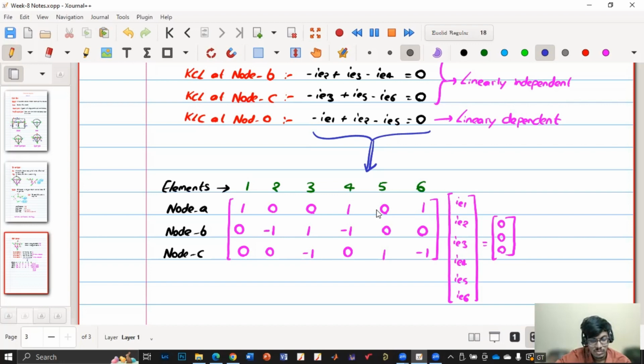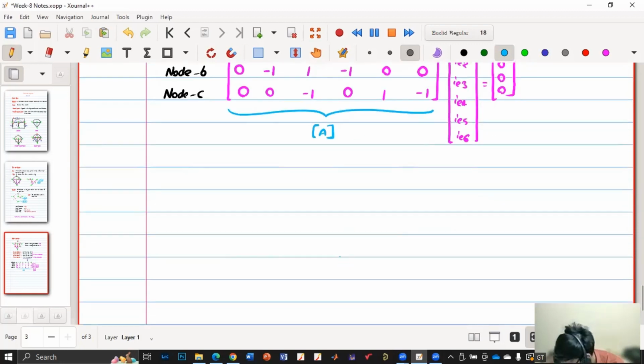Yes, sir. Okay. So this matrix, we are calling it as A matrix, so that our equation will be something like this: A matrix into IE matrix is equals to 0 matrix.